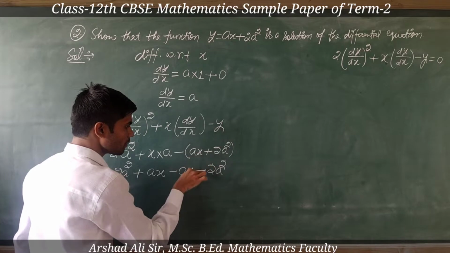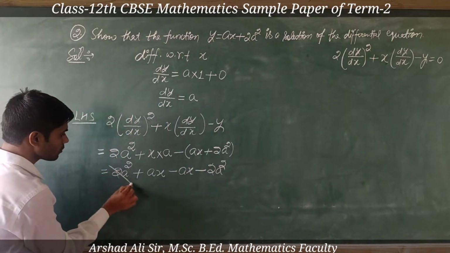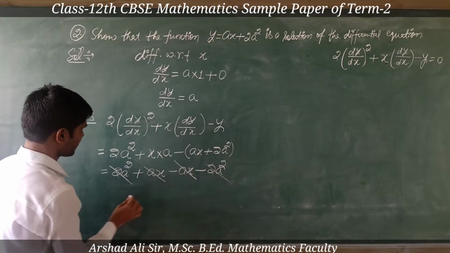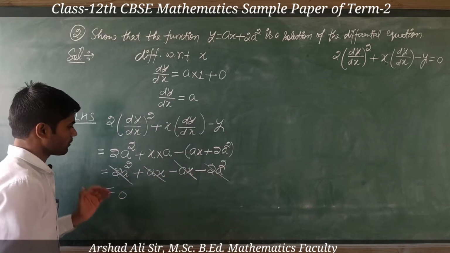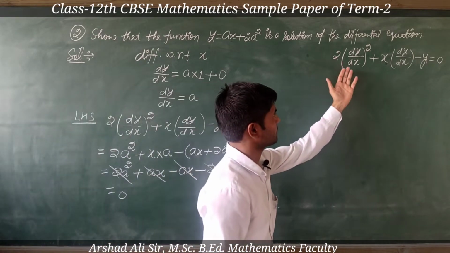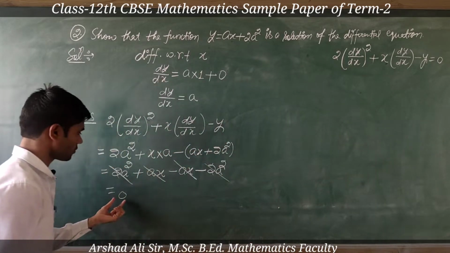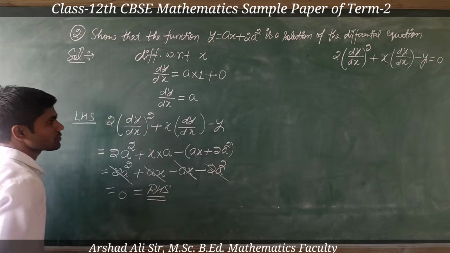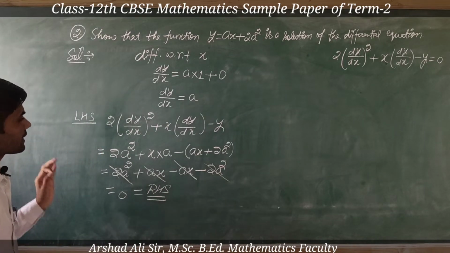Minus plus will be minus, so we can cancel 2a² positive, 2a² negative, ax positive, ax negative, equal to 0. So my dear students, we have taken the left side and we get the answer 0, and 0 is the right hand side. Okay students, it was our second question.